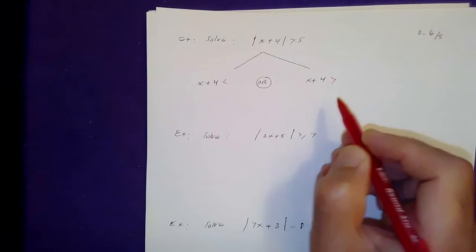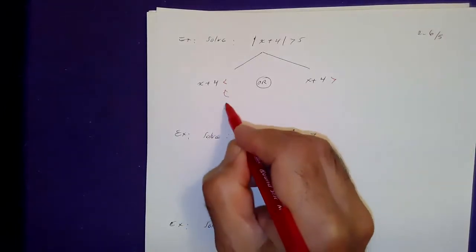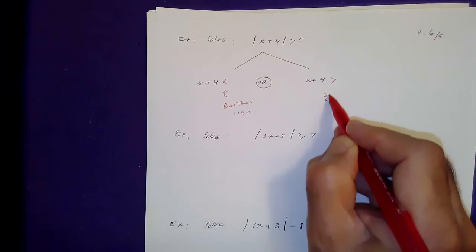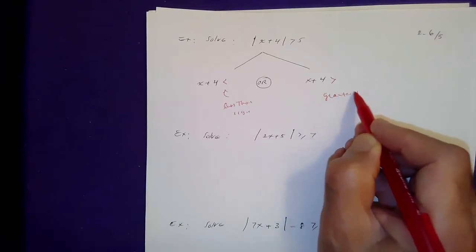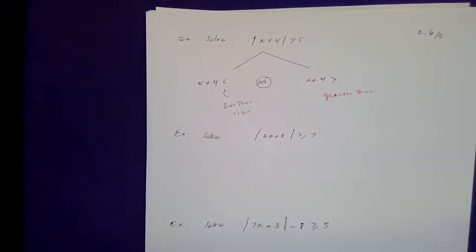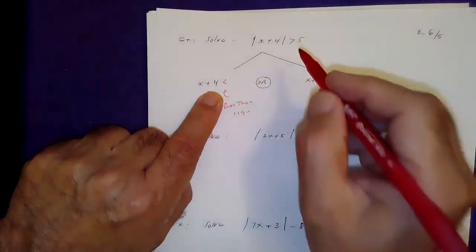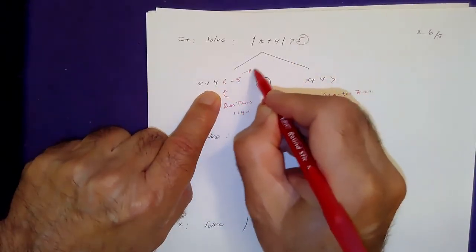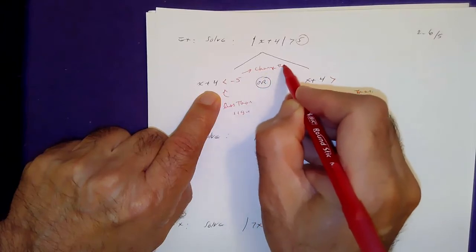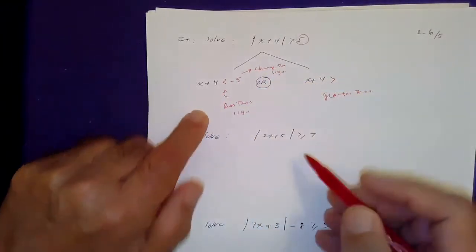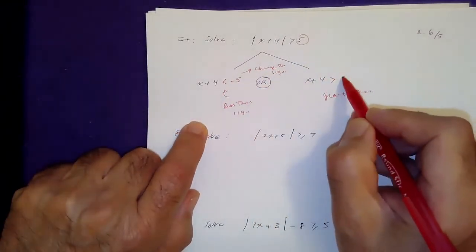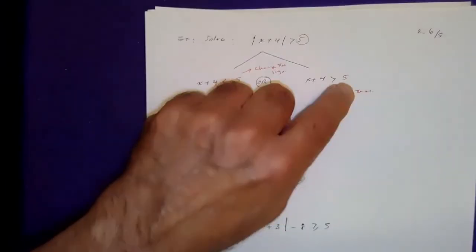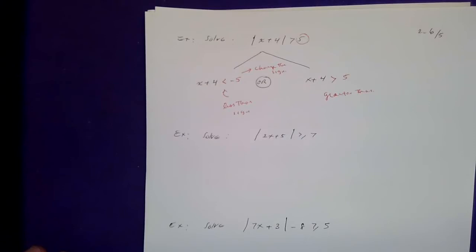The other takes the greater than sign. The one which is less takes the opposite of this number, so change the sign. The one with greater takes the number itself. There's no need to change the sign. It's +5, so +5 goes over here.